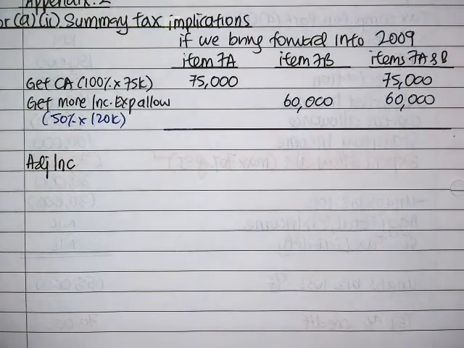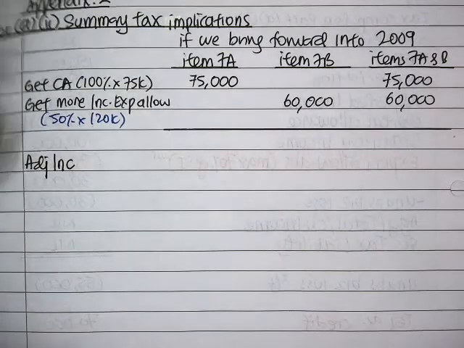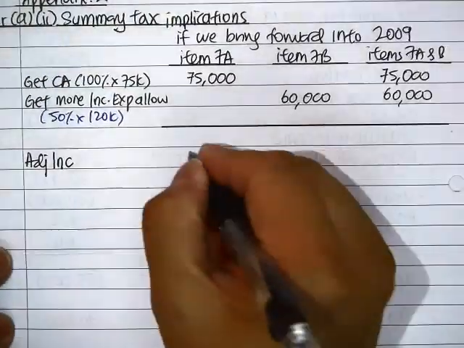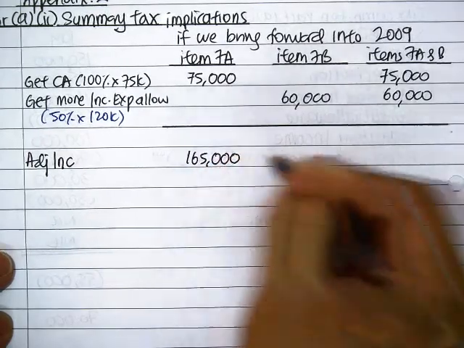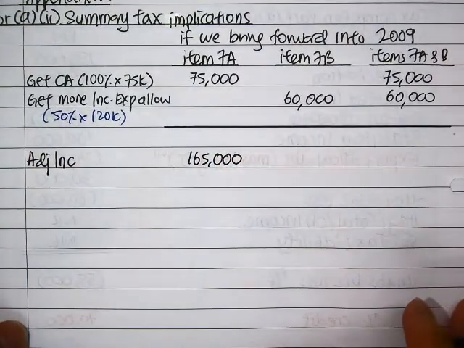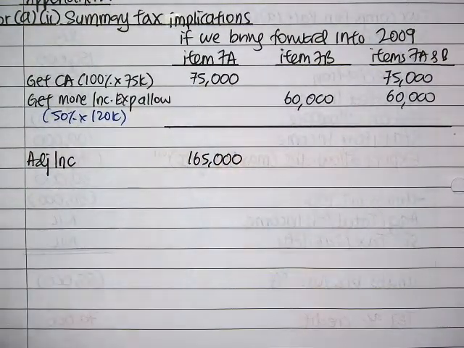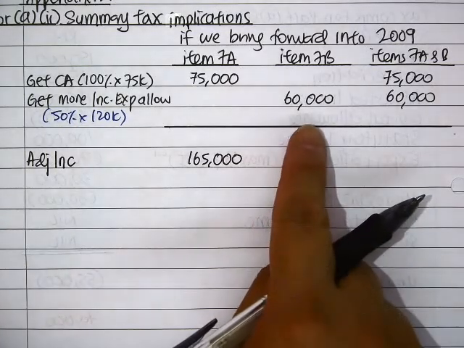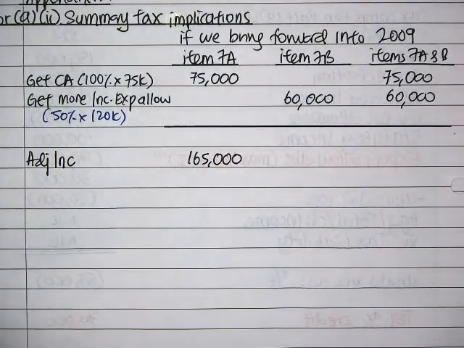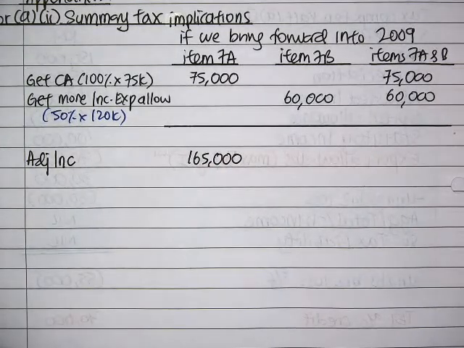Now, how much was the registered income earlier? $165. If item 7B you bring in, then how much will the registered income be?